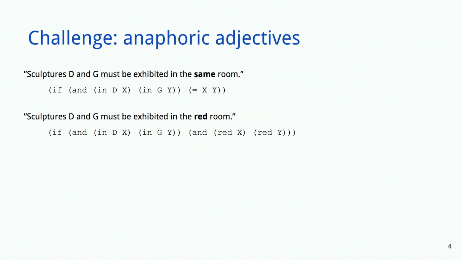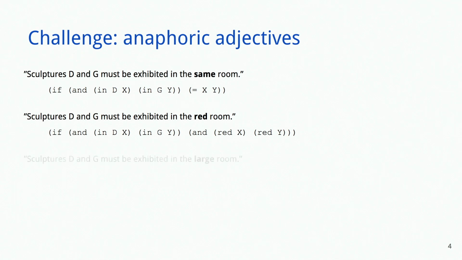The real point is, when I say the red room, or a red room, maybe would be better, I'm just asserting something about the rooms that D and G are in. I'm saying whatever room D is in, it's got to be a red room, and whatever room G is in, it's got to be a red room as well.